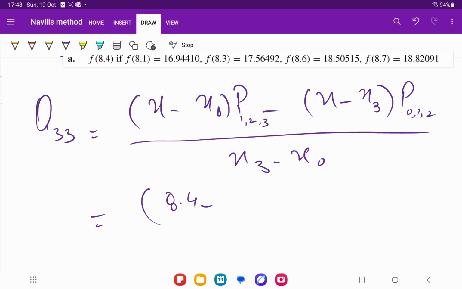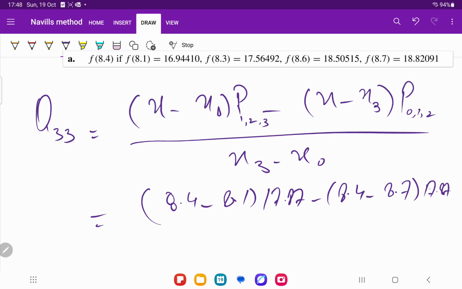So x naught is 8.1 multiplied by 17.87, 8.4 minus, last point is 8.7 multiplied by 17.87 divided by 8.7 minus 8.1.